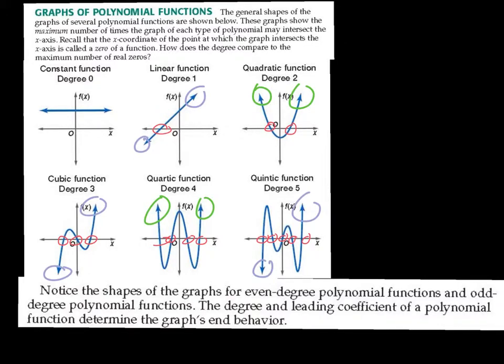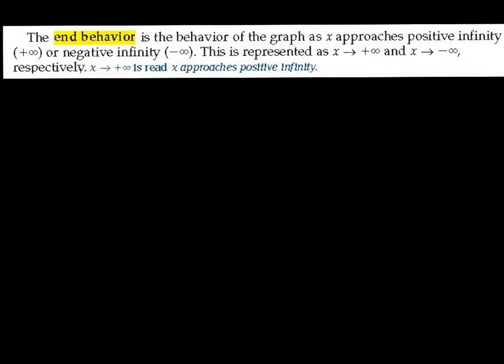The degree and leading coefficient of a polynomial function determine the graph's end behavior. The end behavior is the behavior of the graph as x approaches positive infinity or negative infinity. This is represented as x approaches positive infinity, x approaches negative infinity, respectively.